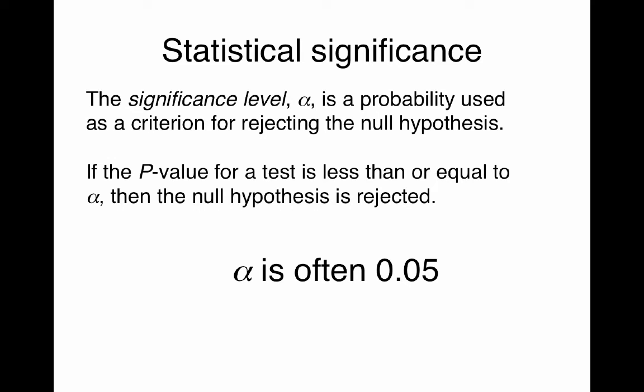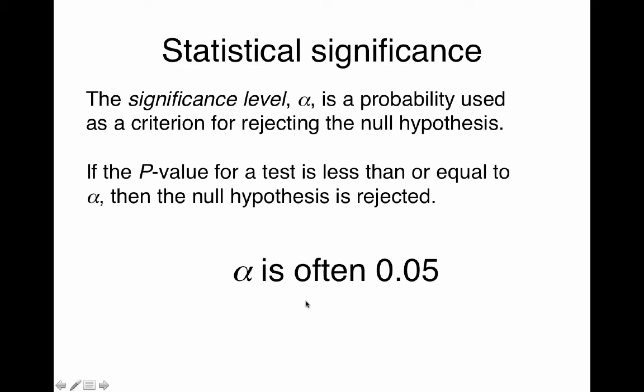Now what we do next is we compare this to our significance level. We're going to explain significance level much more in detail in lecture 15b. For right now, we can just think of this as the criteria we use for judging the outcome of our test. And it's on the basis of the p-value compared to the significance level that we'll decide to reject or fail to reject our null hypothesis.